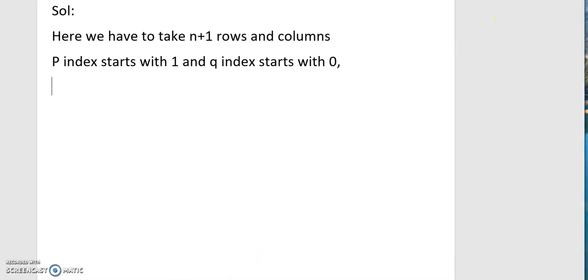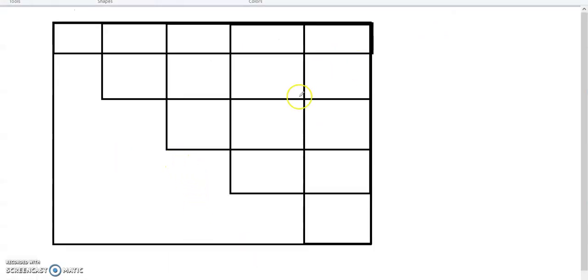Okay, let's consider a table. This is the table. In that table, first of all, we will define rows and columns, n plus 1 rows and columns. Columns: 0th column, first column, second column, third column, and fourth column.